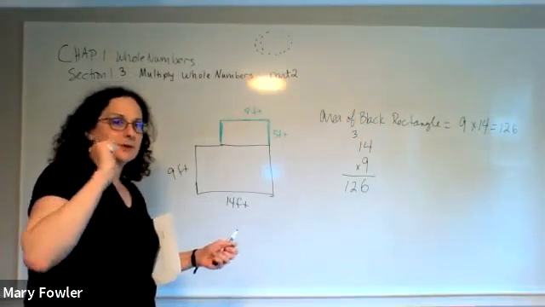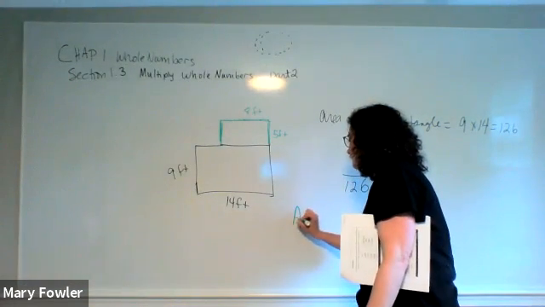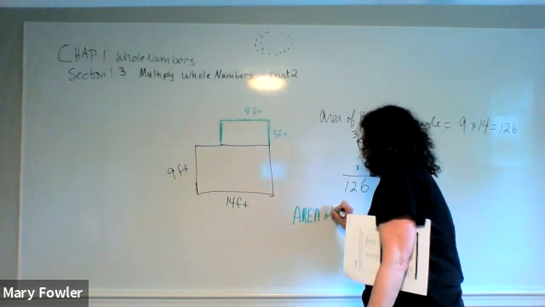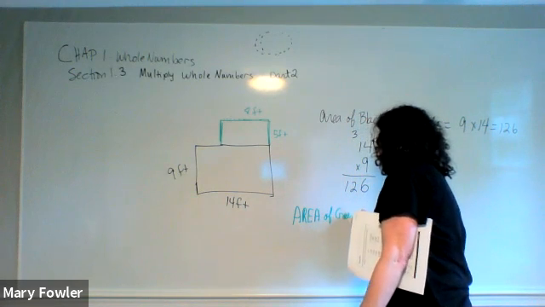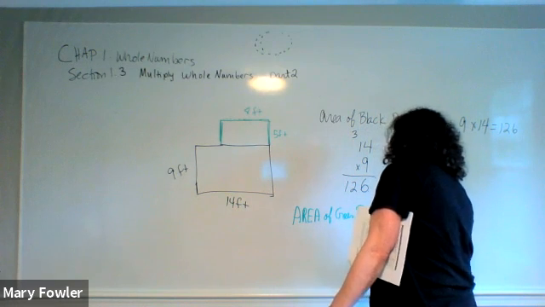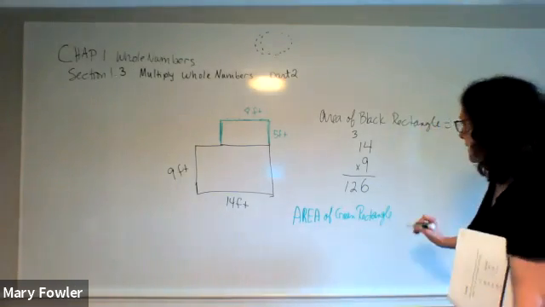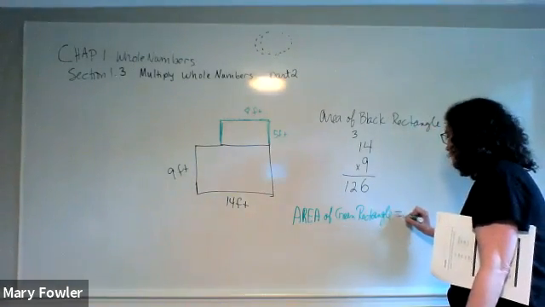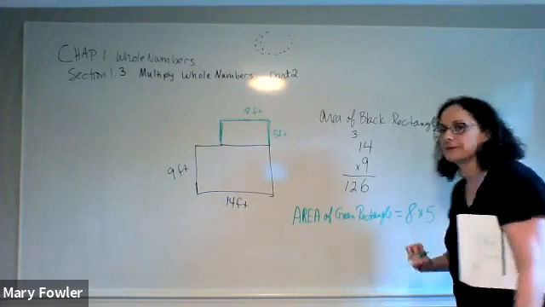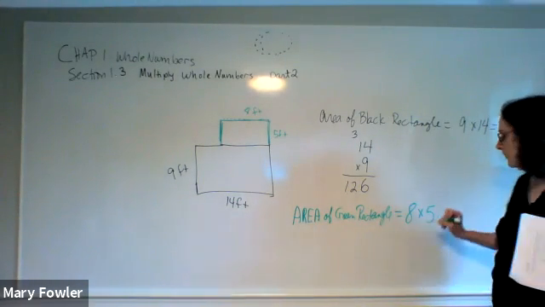And so I'll write that in green. Area of the green rectangle is going to be equal to 8 times 5, and 8 times 5 is 40.